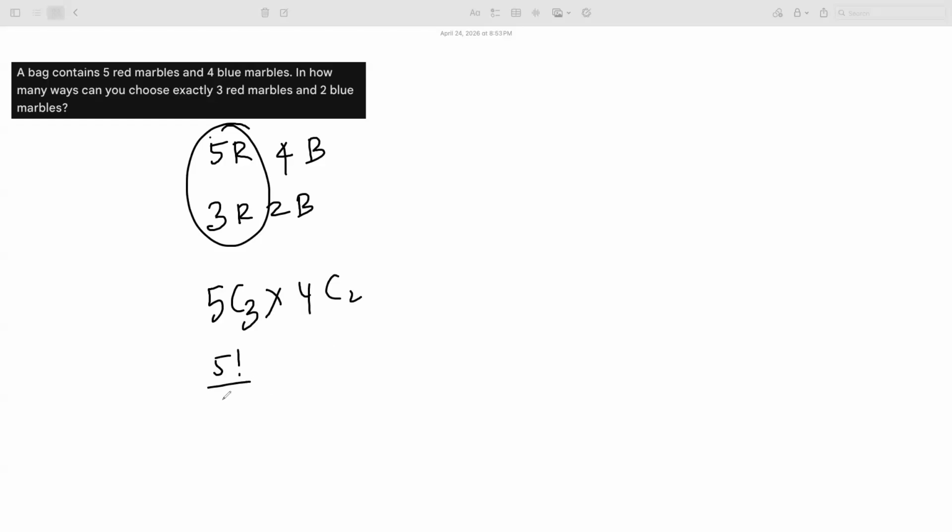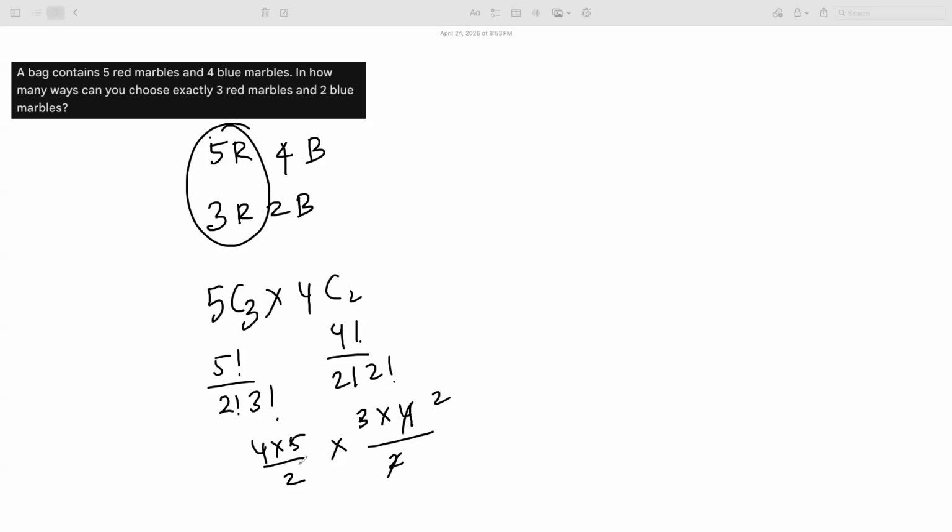You got it? 5 factorial by 2 factorial 3 factorial, times 4 factorial by 2 factorial 2 factorial. So what happens? 4 times 5 by 2, times 3 times 4 divided by 2. Make sense? 10 times 6 is 60.